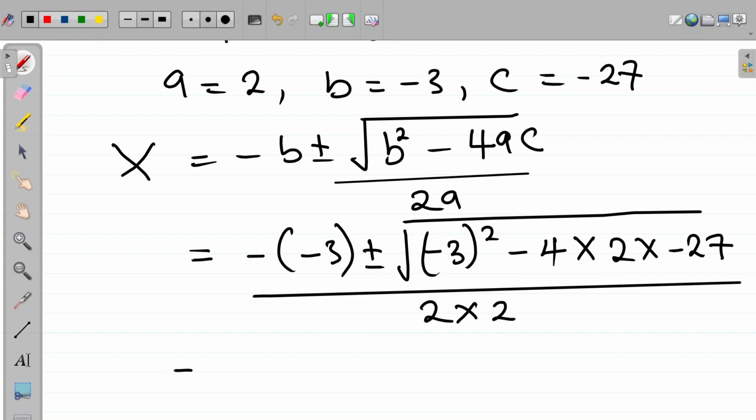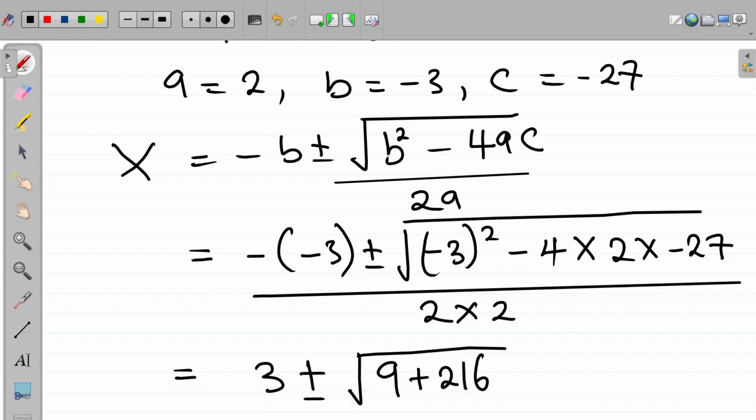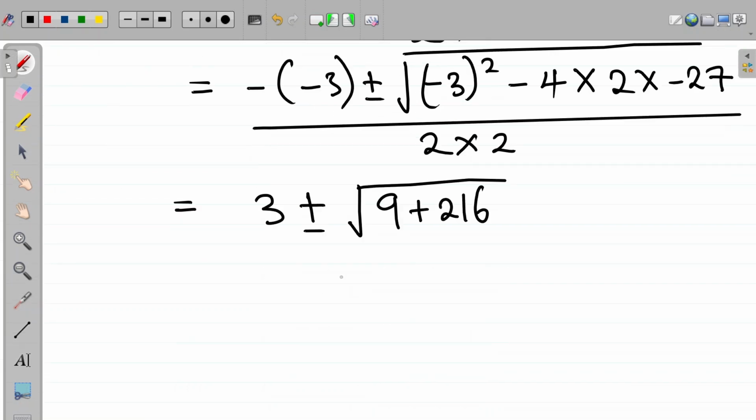So if we simplify our equation, here becomes 3 plus or minus 3 squared is 9, minus 4 times 2 is minus 8, minus 8 times minus 27 is plus 216. All divided by 2 times 2 is 4.